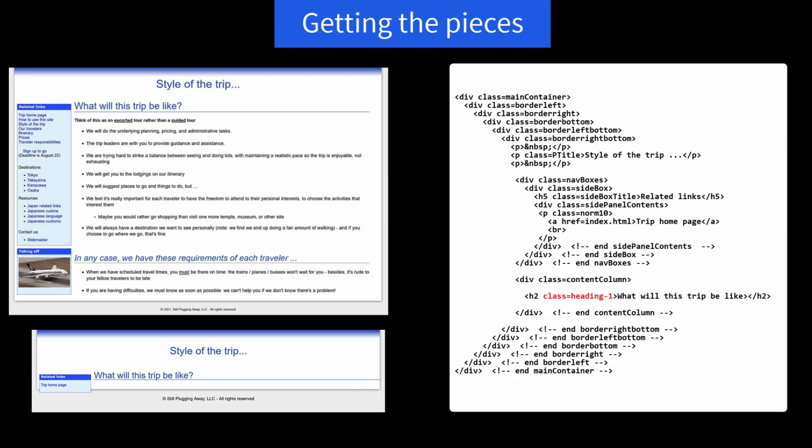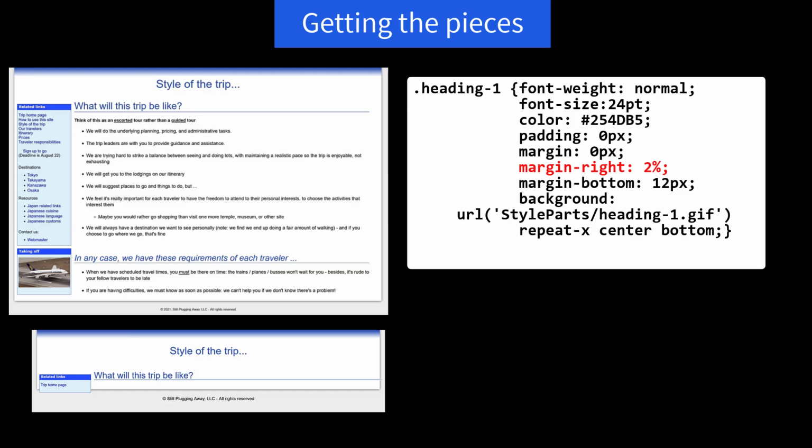which has two visible problems. First, the underline goes past the frame on the right, and second, the P in trip dips onto the line. We can solve the first problem by specifying a margin on the right, so margin right 2%.